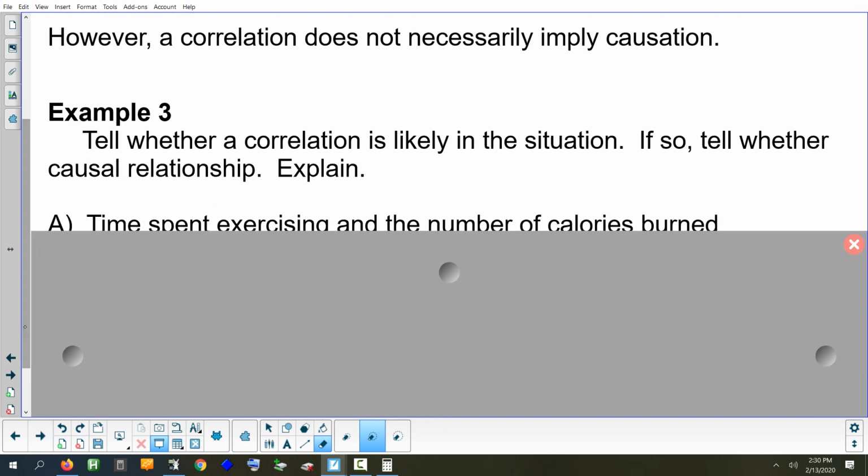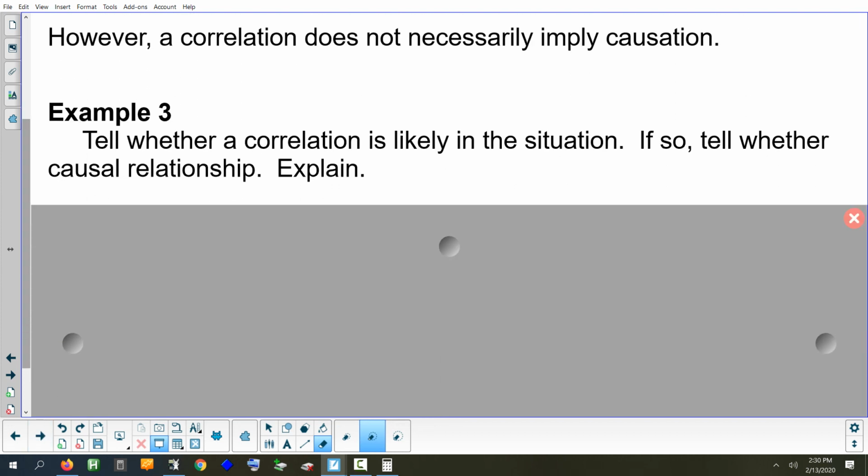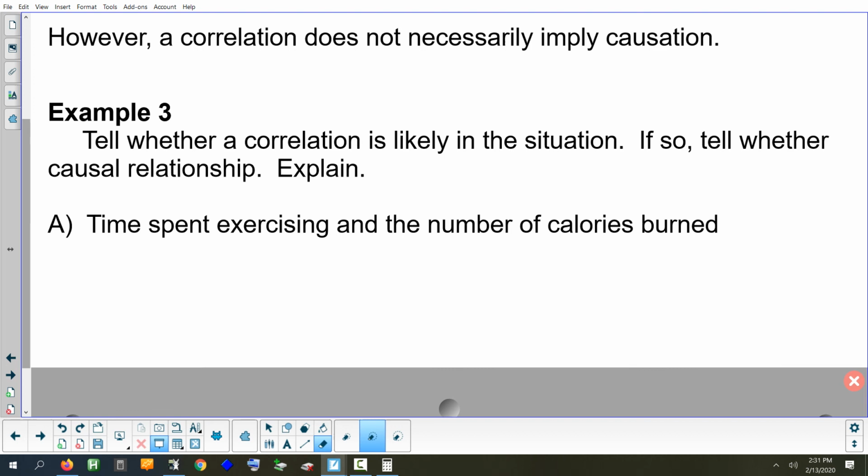All right. So what I want you to do here in example 3 is tell me if it's causation, which means changing one thing has to change the other, or it's just a correlation, meaning there could be a connection, but changing one thing doesn't necessarily mean the other changes. All right.